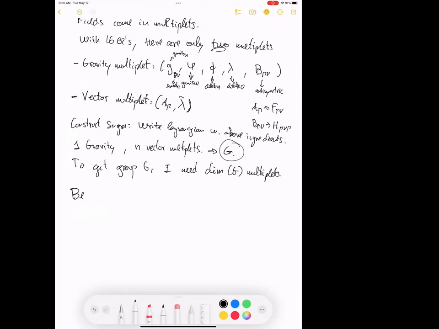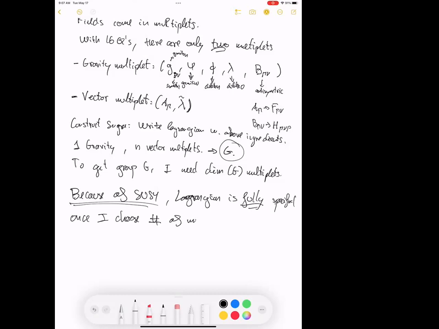Because of supersymmetry, the Lagrangian is fully specified once I choose the number of multiplets and the gauge group G.